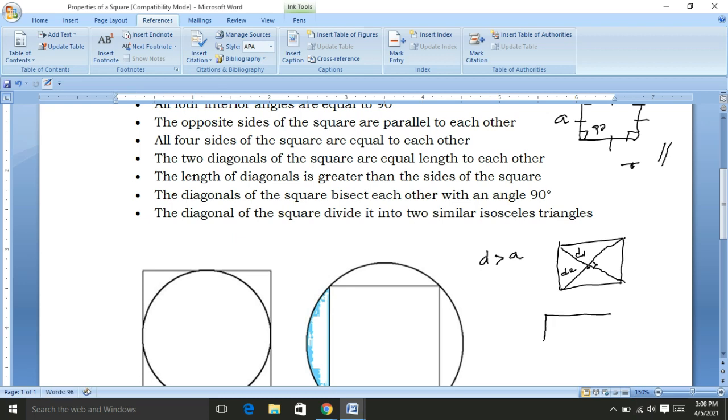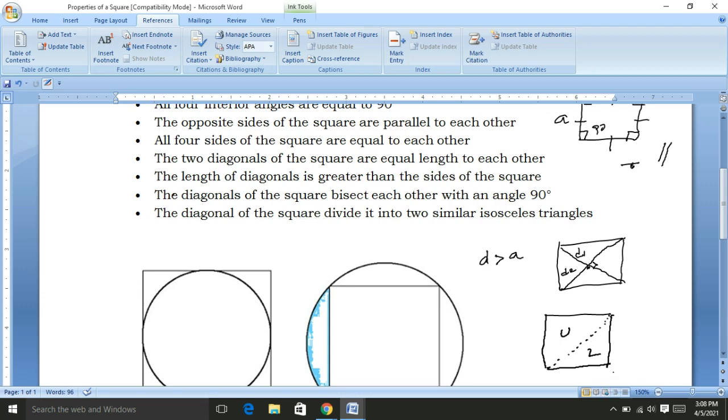Suppose we consider this one. I am not drawing the whole square. Suppose this diagonal divides the square into two isosceles triangles. This is the upper isosceles triangle and this is the lower isosceles triangle.